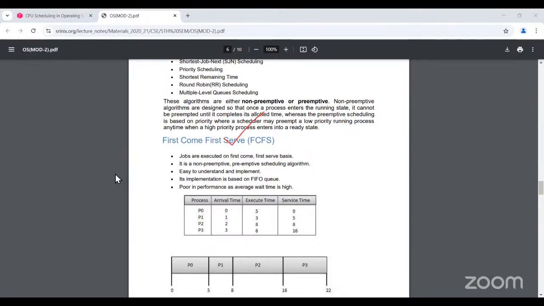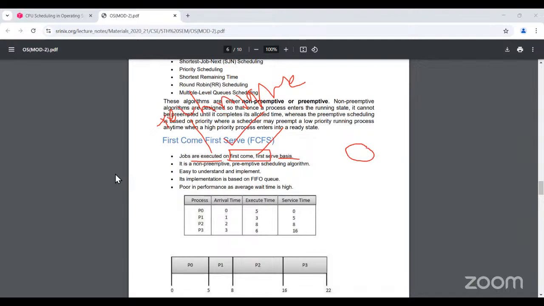Context switching. Now see, what is context switching here? This is a kind of method, or you can say technique, which can store and restore the state in the PCB.